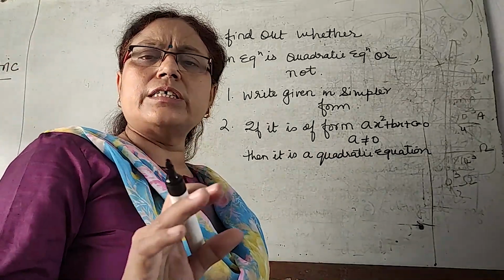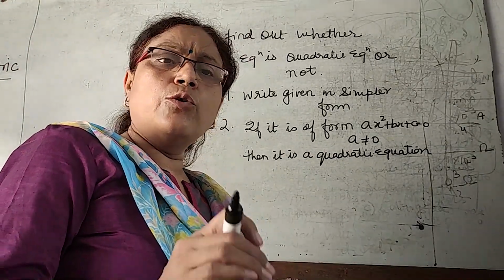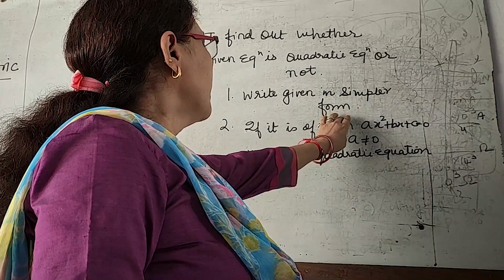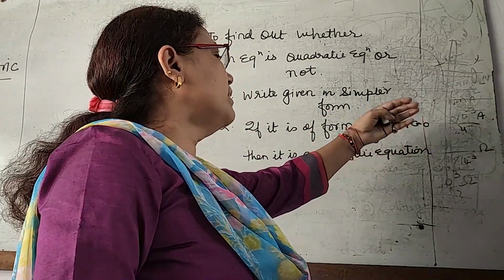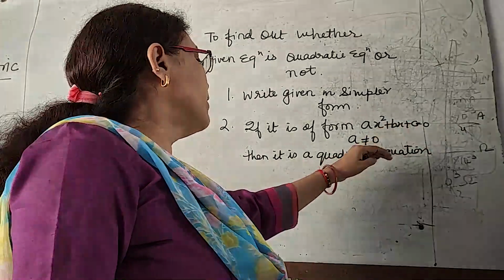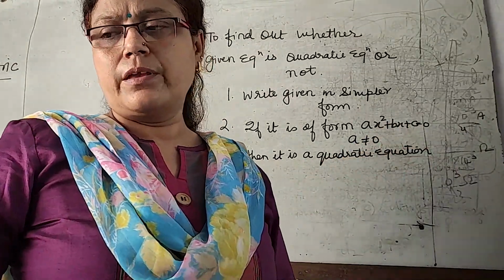So whichever equation is given to you, you will first write it in the simpler form, then compare it with ax square plus bx plus c. If we can write it in this standard form, then it will be a quadratic equation.